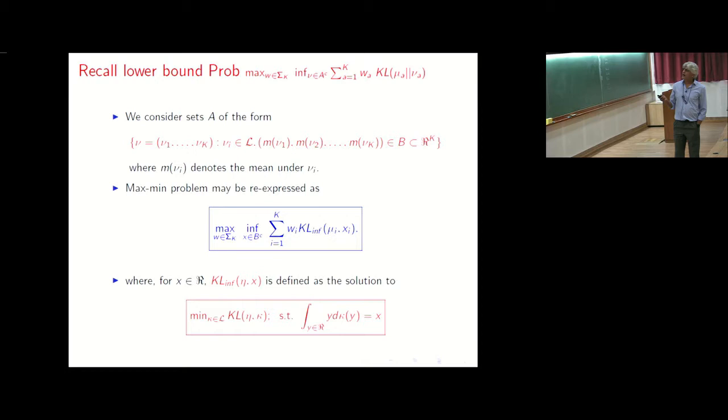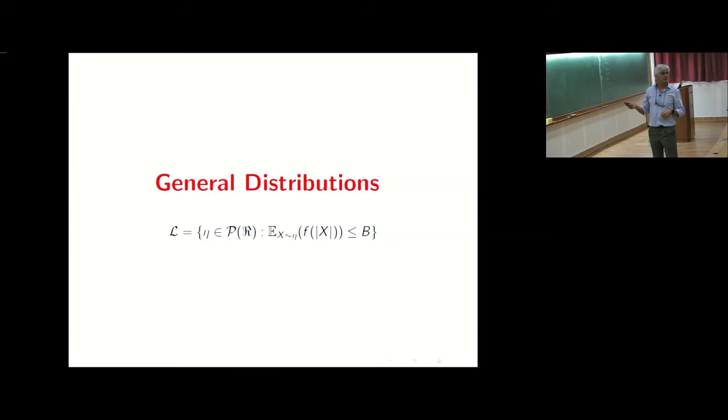Now how do we devise algorithms? Consider a set A of the form where all the distributions now belong to L. L is the family which I just showed you. It's a compact set of probability distributions. That's easy to show. It's a closed compact set.